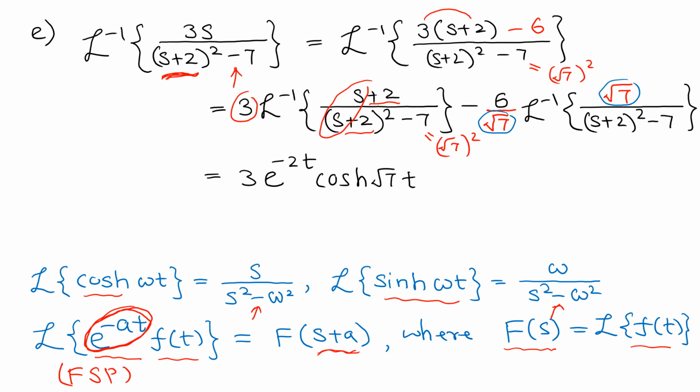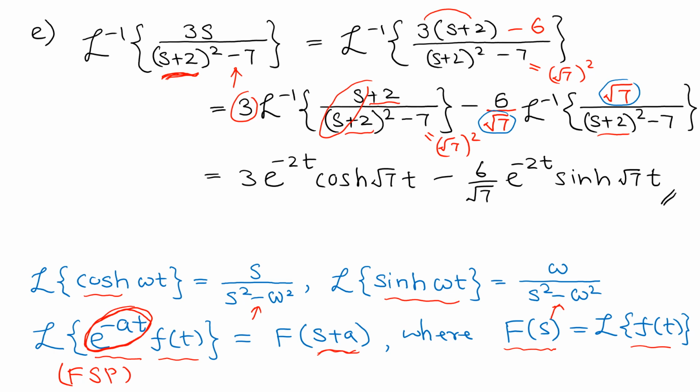That's the first one. And the second one is similar, negative 6 over square root 7, and then the shifting part introduces e to the minus 2t, it is always the opposite sign. And then this is sinh, so you can see square root 7t. So that is the answer.